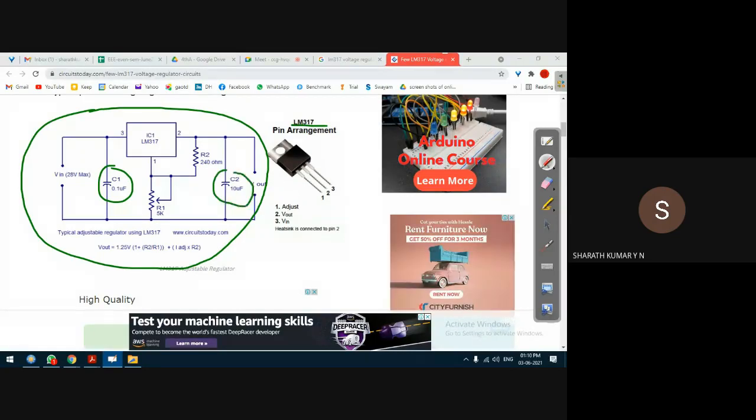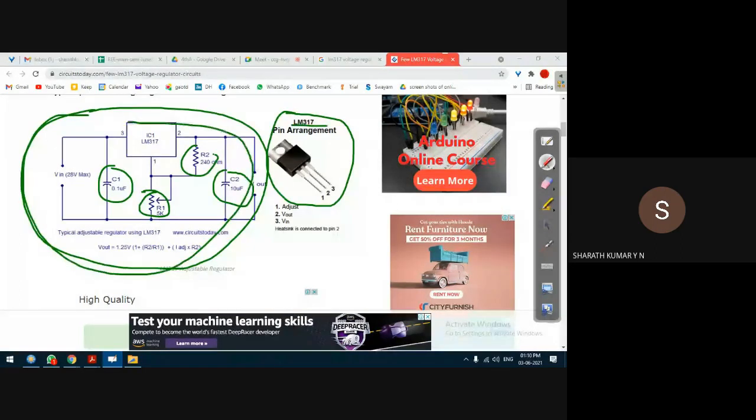So C1, C2 values are fixed, and we can straight away use these values. Similarly for R1, R2: you choose a voltage regulator, see the corresponding circuit, and make the connection. We need not design R1 and R2 unless the output voltage is too different from our requirement. These circuit diagrams and values are all standard values.